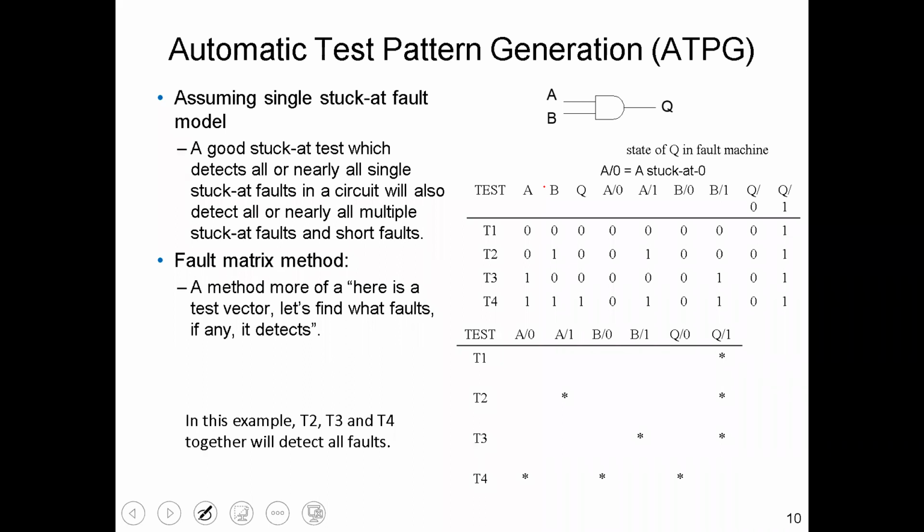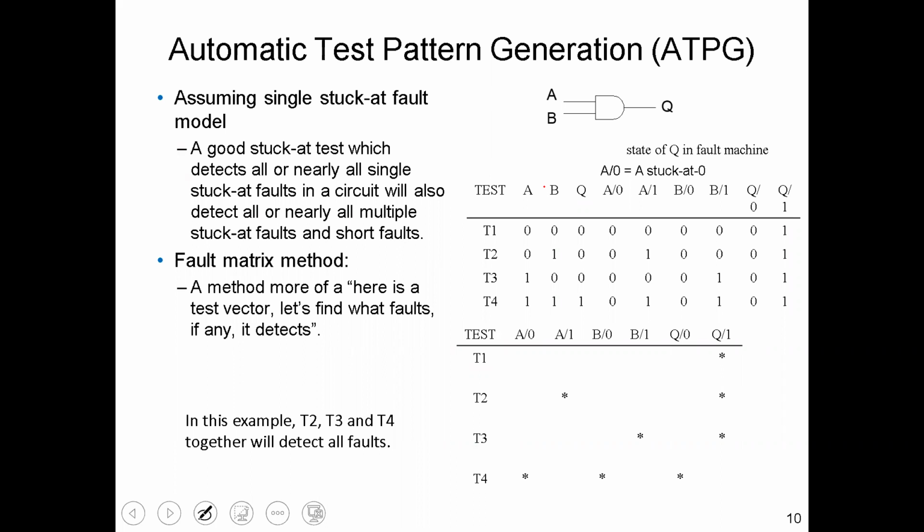The ATPG method we're going to talk about today assumes single stuck-at fault model. Assume that there is only one stuck-at fault in the circuit. Although we assume only a single fault, we will test all the nodes. We should test all the nodes in the circuit, stuck at 0 or stuck at 1.